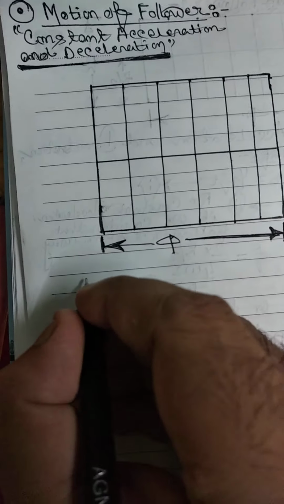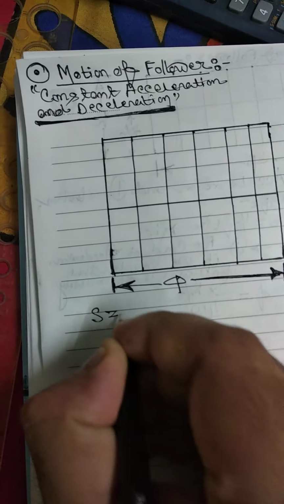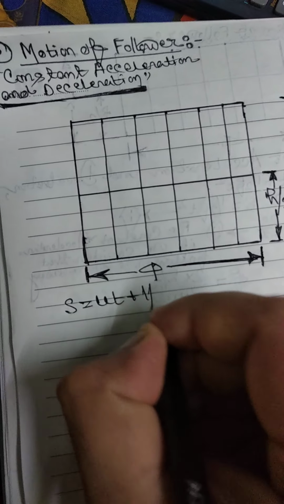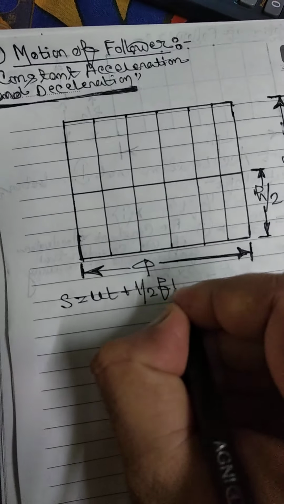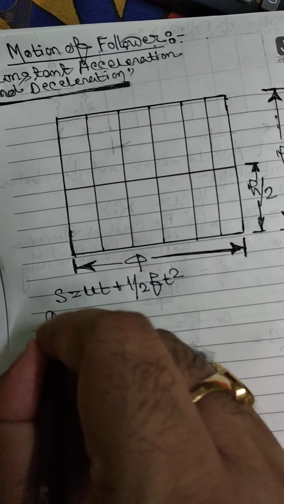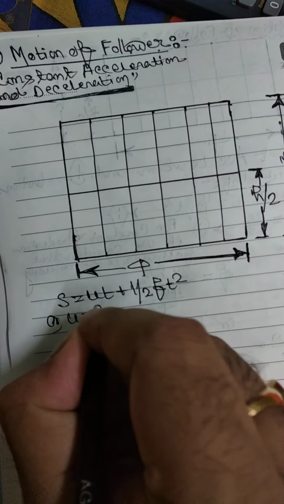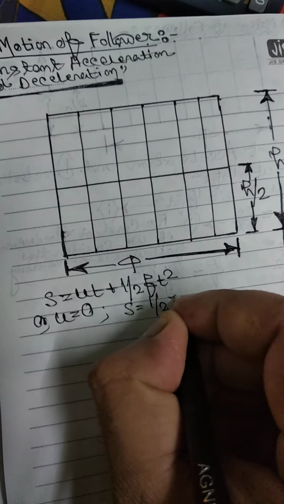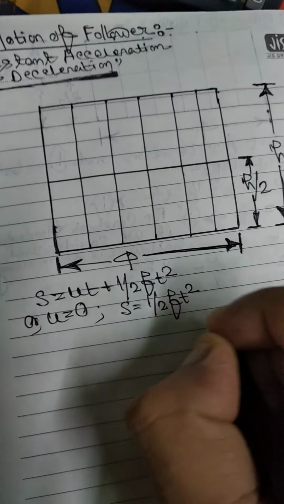Now from here, displacement, as you all know, is s equals u t plus half f t square. Since u equals 0, s equals half f t square.